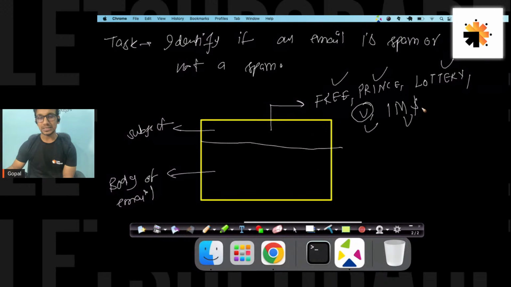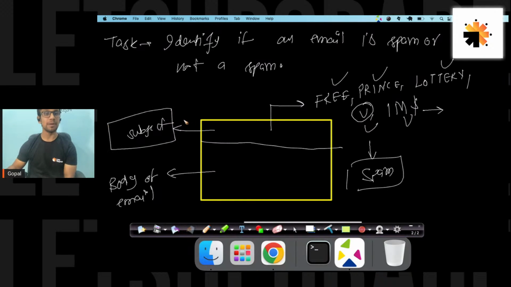So you found these words in your subject, and you declare them as spam. Especially in this case, it is all in capital case, and somewhat gibberish. So whenever I encounter these words in my email subject, I will declare it as spam.